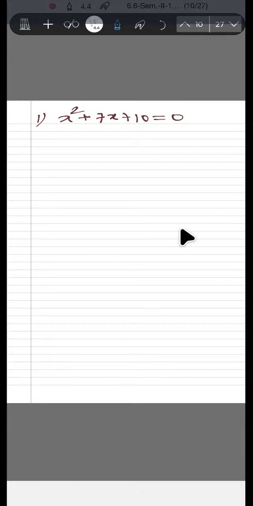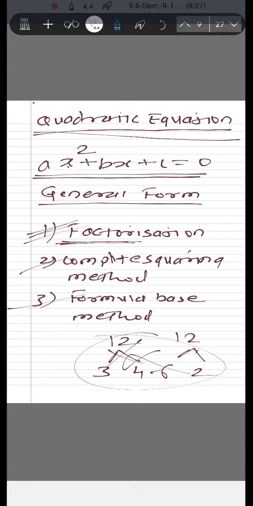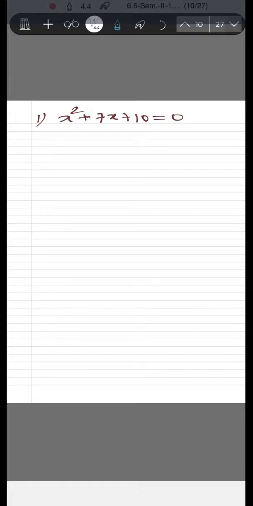Okay, so in this method, that is the factorization method, we have to factorize in such a way that the arithmetic operation of those factors will give the middle term. Okay, how exactly? Here I will explain.